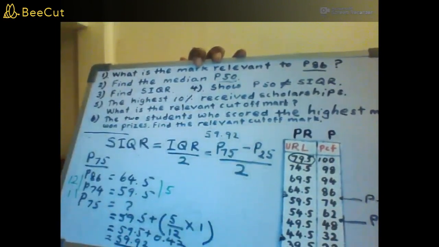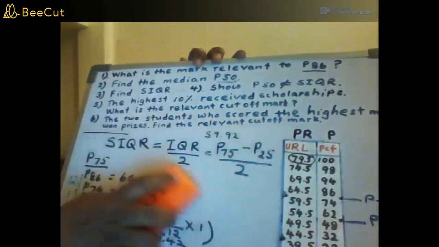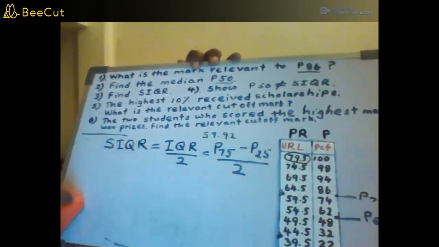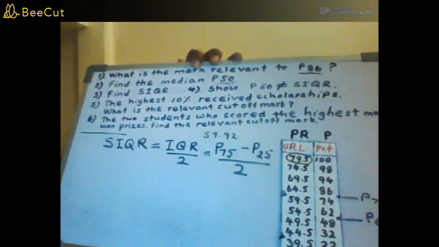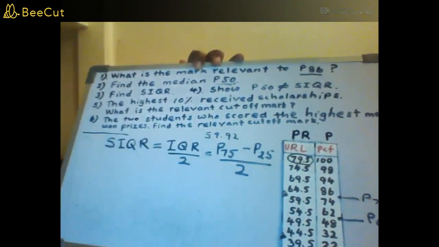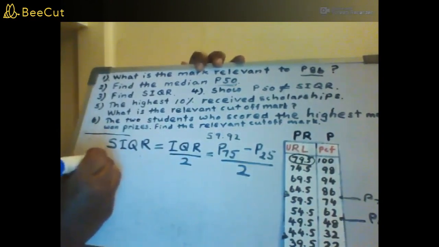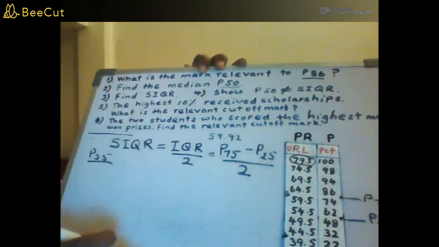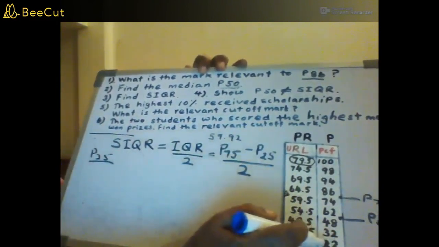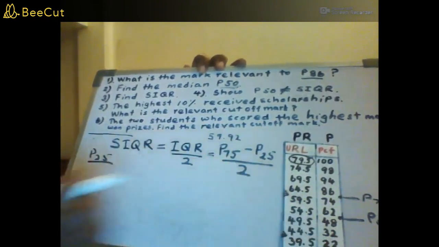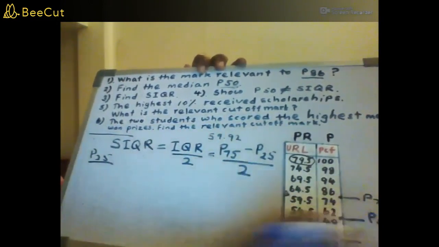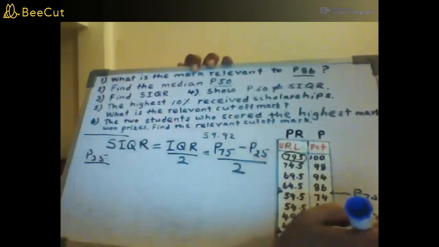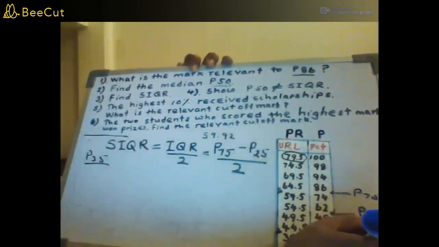Alright. Then what's the next thing you'll have to do? We found P75. Then we have to calculate P25. Right? So again, write P25. Where's 25? Between 22 and 32, right? Put an arrow here. P25.